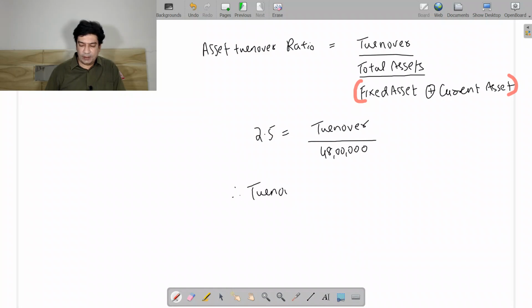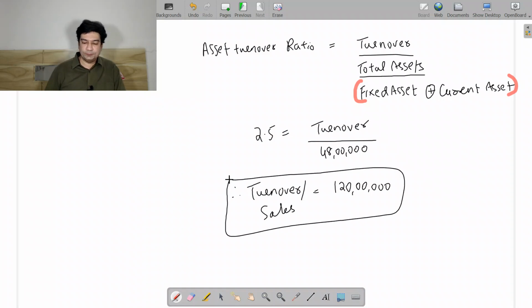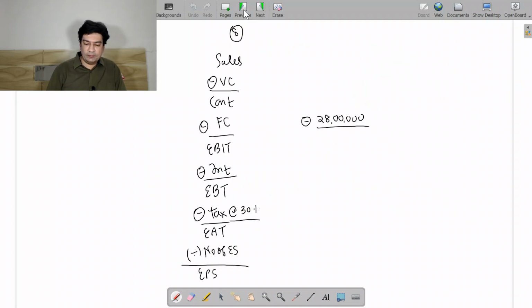So I will be able to find the turnover. So 48 lakhs into 2.5. So 1 crore 20 lakhs is my turnover, or the sales is 1 crore 20 lakhs. So this I will fill it over here. So 1 crore 20 lakhs is my sales.